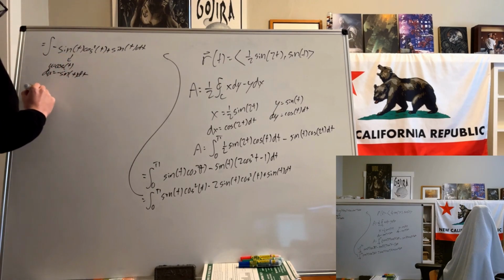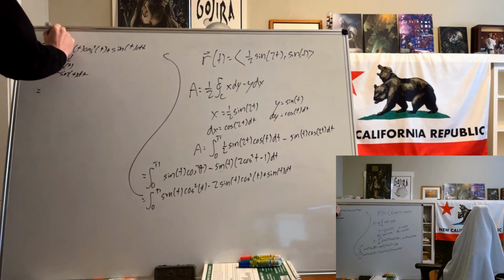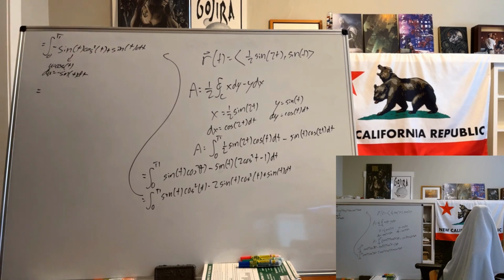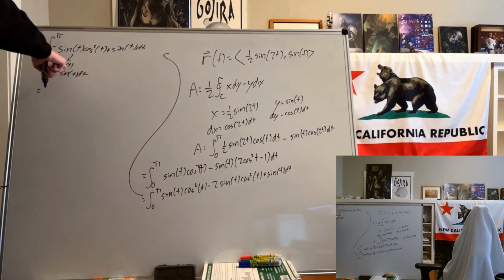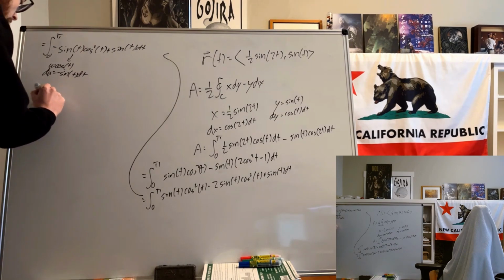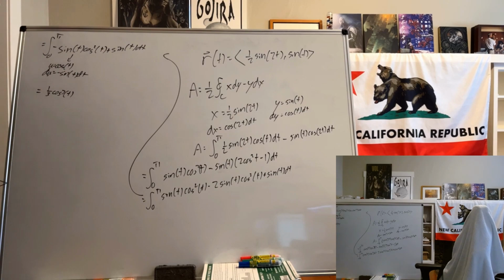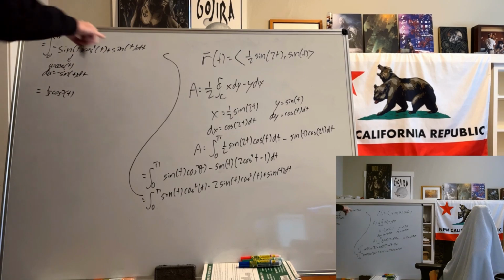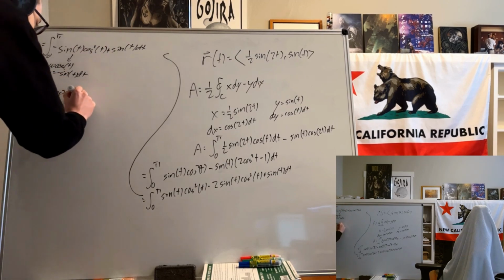Okay, so this comes out to be 0 to pi. This is going to turn into u squared. The negative will cancel with a negative. u squared integrates to 1/3 u cubed, so we get 1/3 cosine cubed t. Sine t just integrates to minus cosine t.